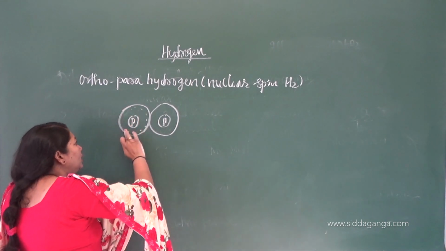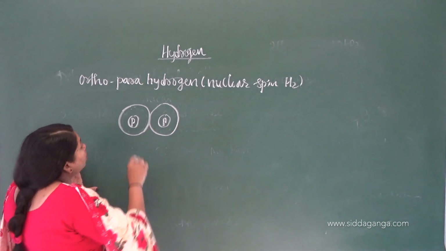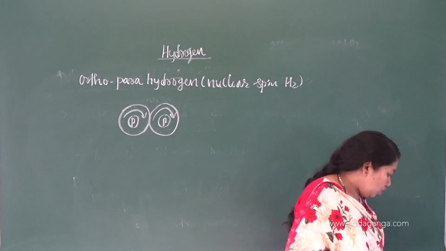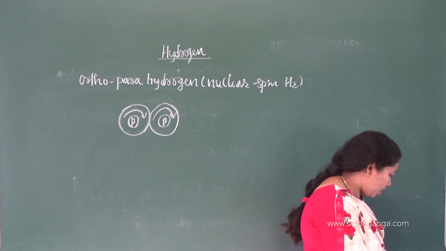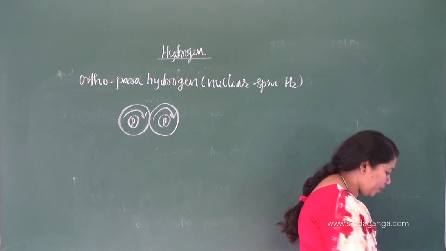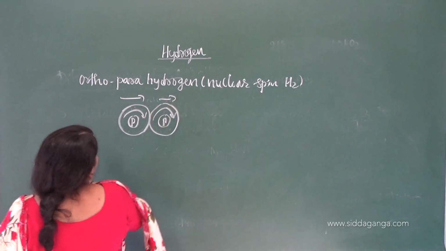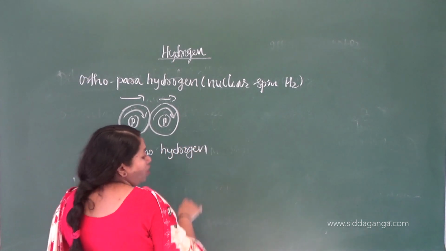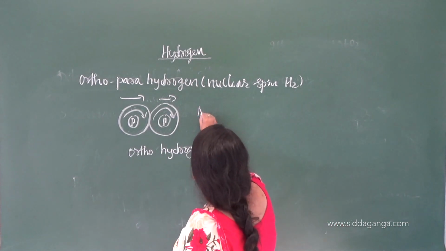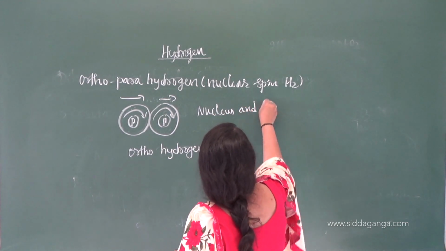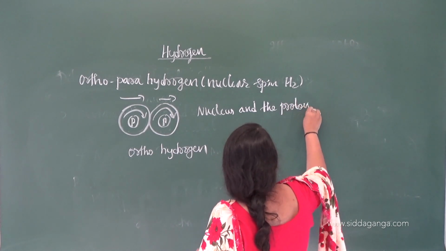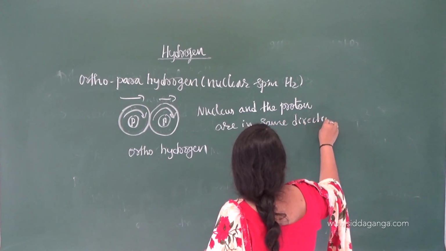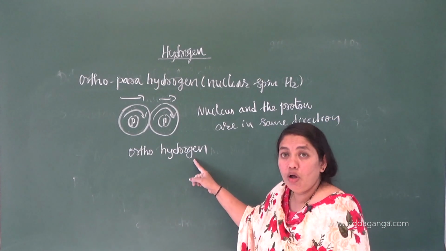If the two nuclei are in the same spin, in the same direction, what do we call that? It is called orthohydrogen.